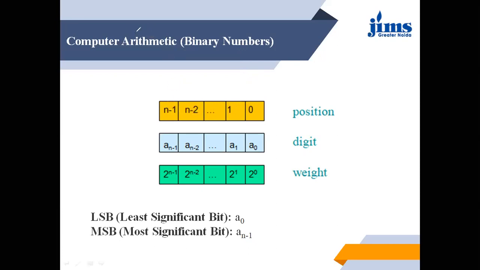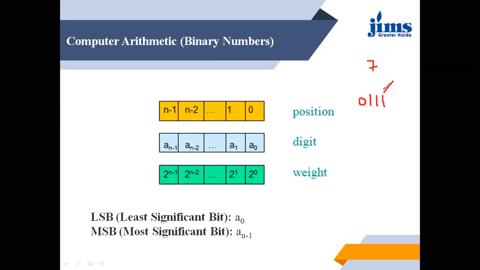For example, I have a number 7, and when I convert this number 7 into binary, this is the binary equivalent of 7 when I use a 4-bit number to represent 7.